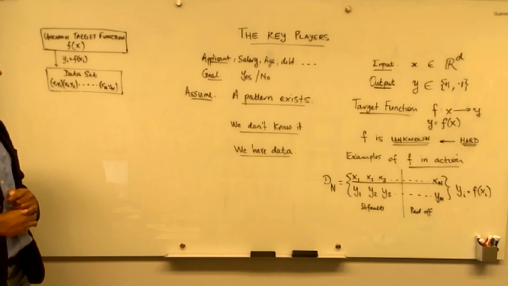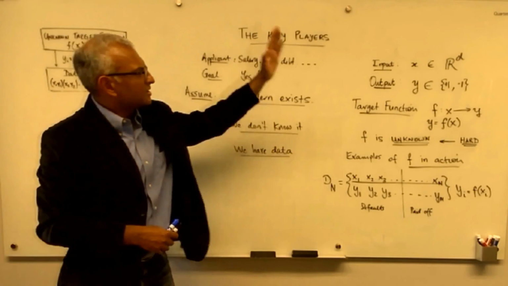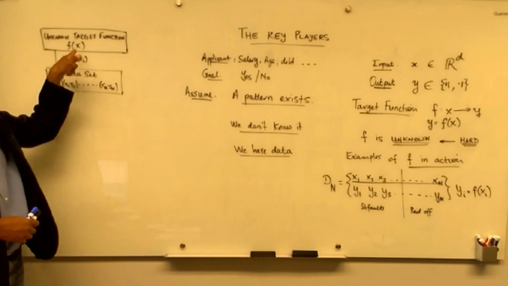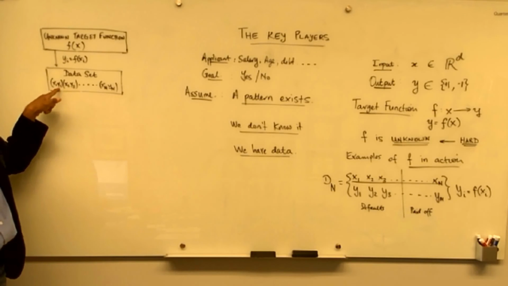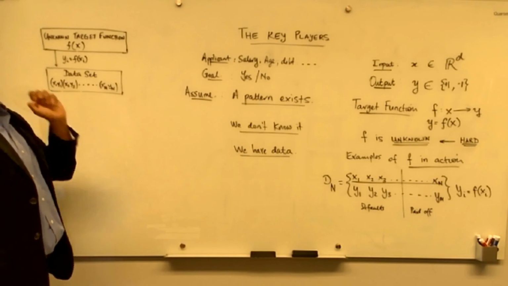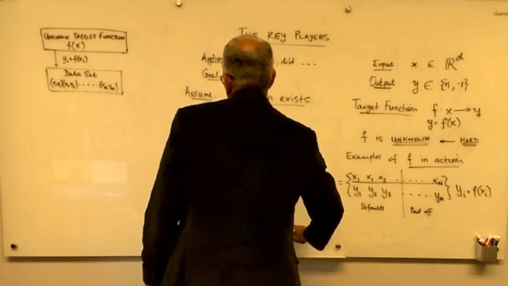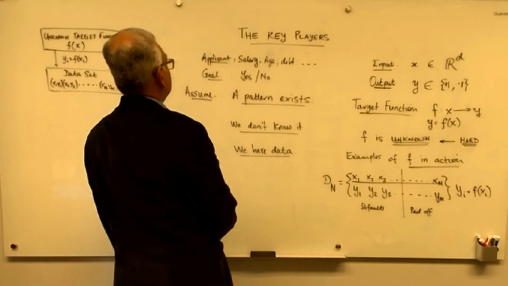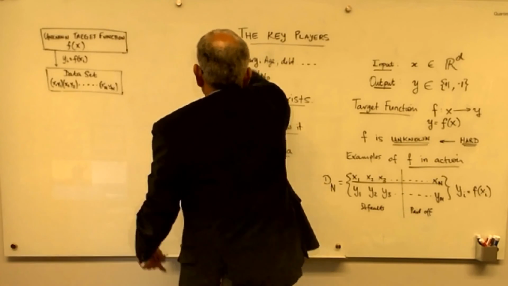Okay, good. So in some sense, this picture summarizes that entire discussion where implicitly we have this x, the input, we have the y, the desired output. Okay, we have a data set which is examples of f in action. Okay, good. Okay, let me erase, since this is all now contained in that picture.